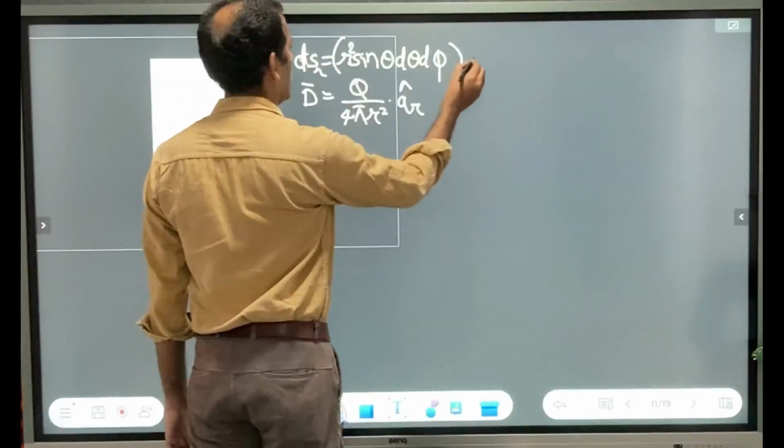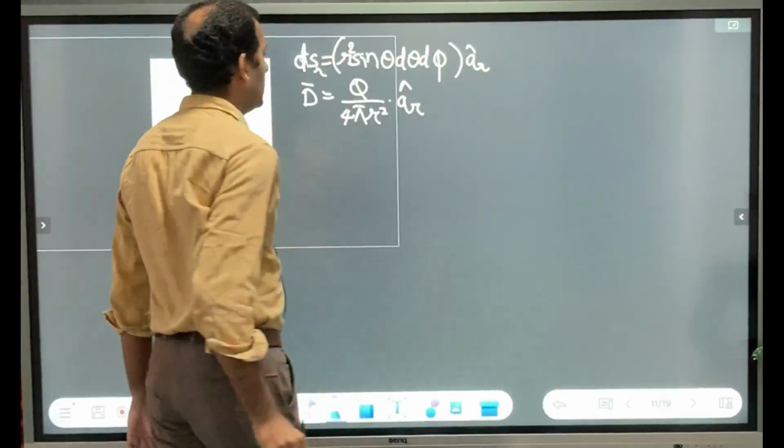For this also we have to keep the direction a_r cap.